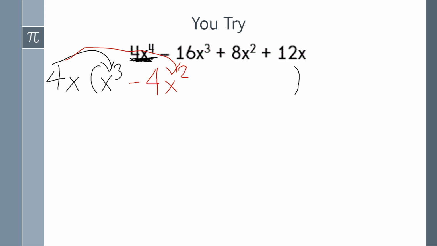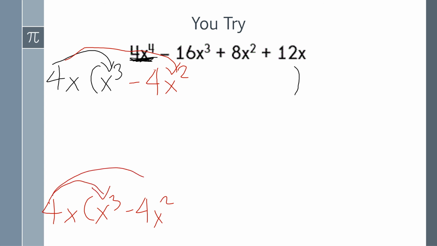Hold up, give me a second. I could rewrite this for you. So I'm going to put the final answer right here. I want you to see the work as we are doing it.